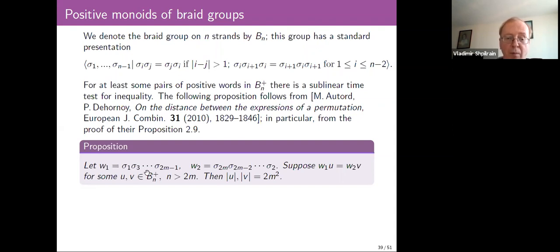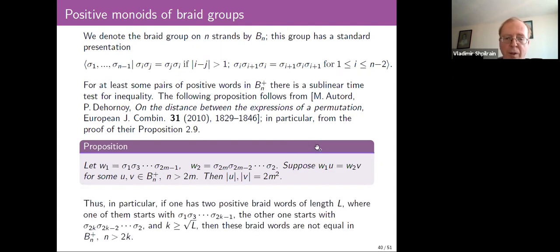The length of W1 is m, and the length of W2 is m. But to satisfy the OR condition, we need U and V to be of a length quadratic in m.